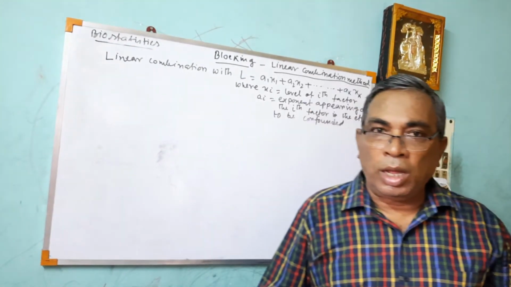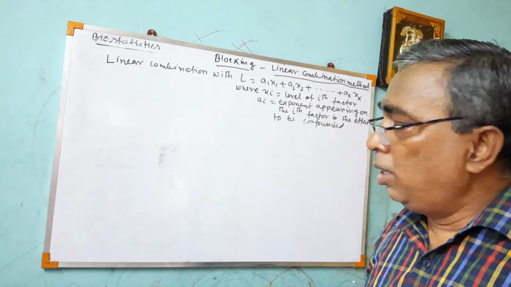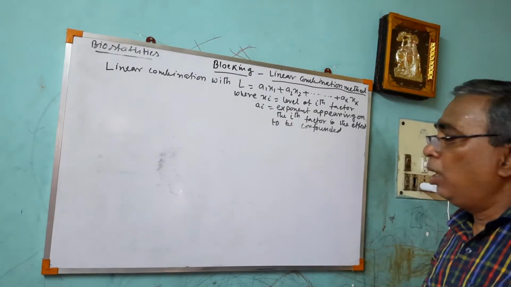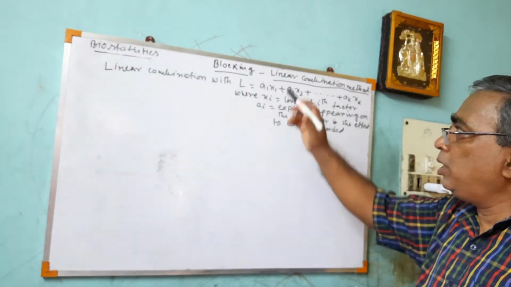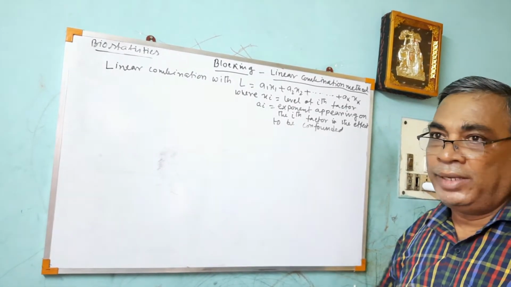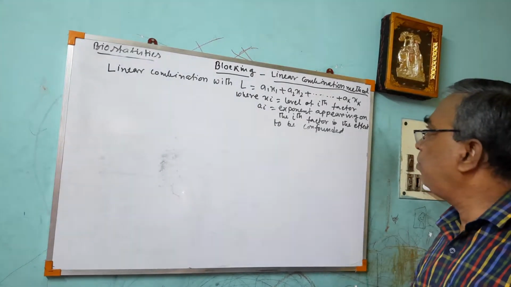Today I will deliver another important lecture on biostatistics for B Pharm and M Pharm. The topic is blocking: how to arrange the treatment combination into blocks, that is, the linear combination method.